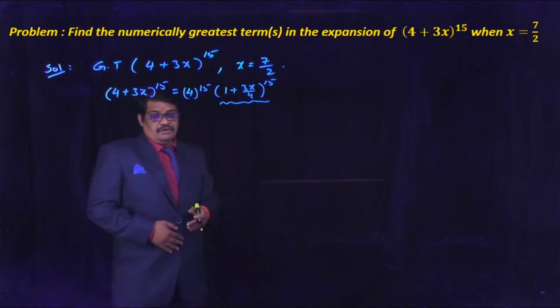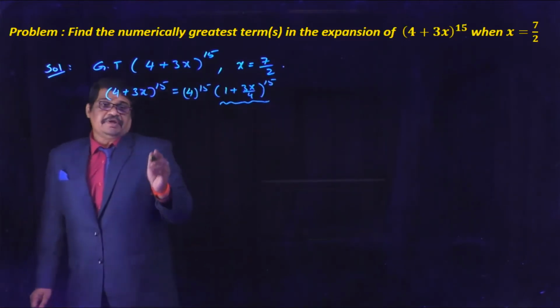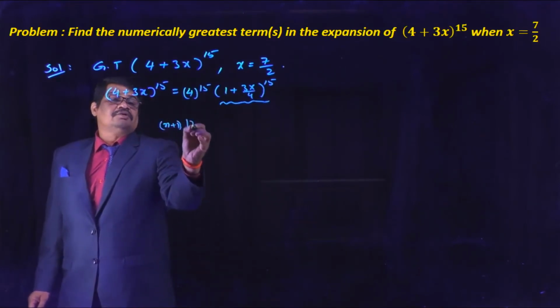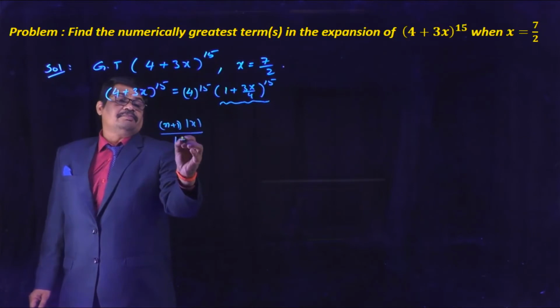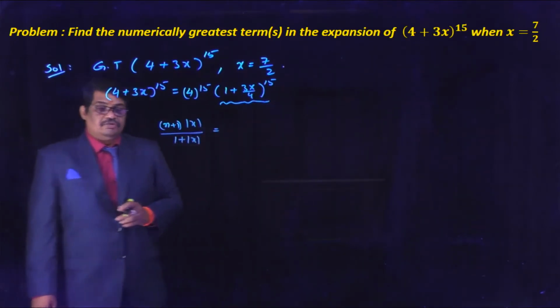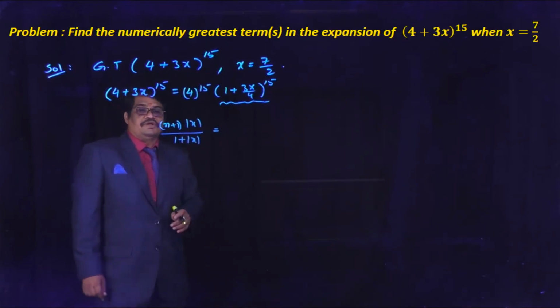In that form, how do we find the numerically greatest term in the expansion? First we have to find (n + 1)|x| / (1 + |x|).